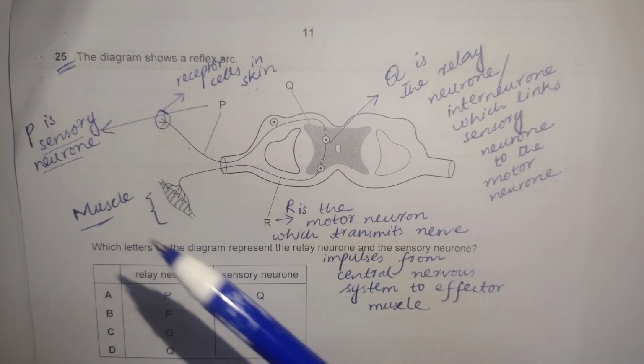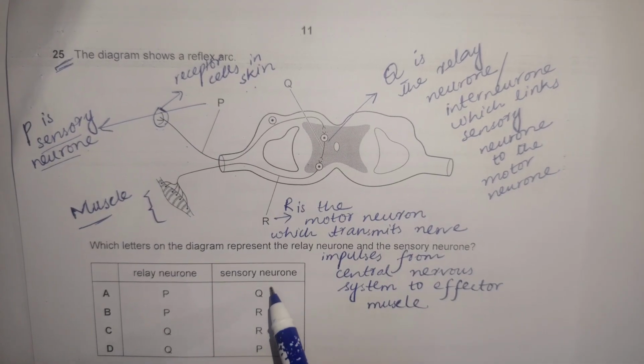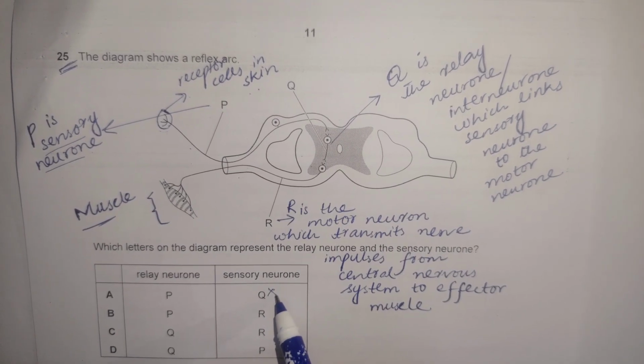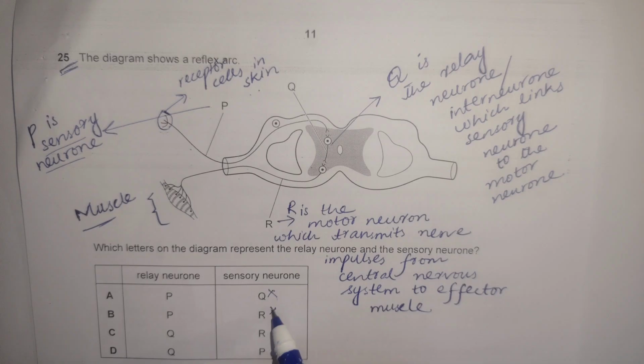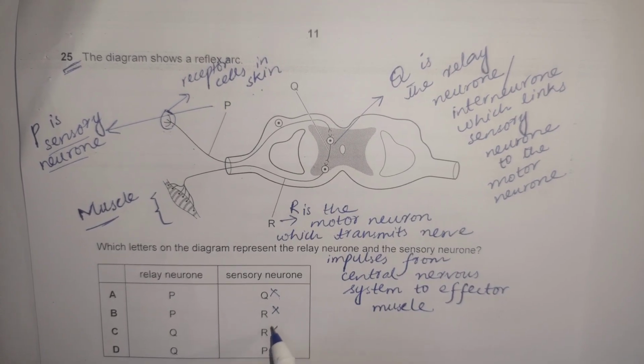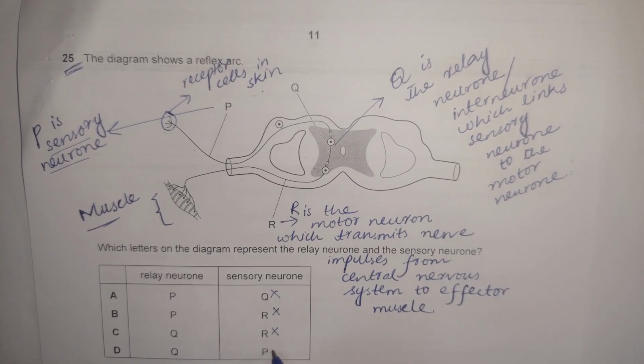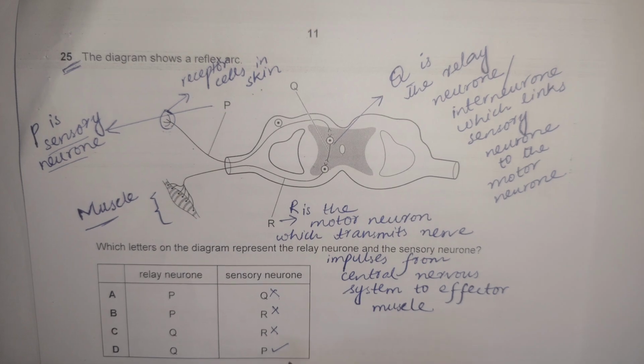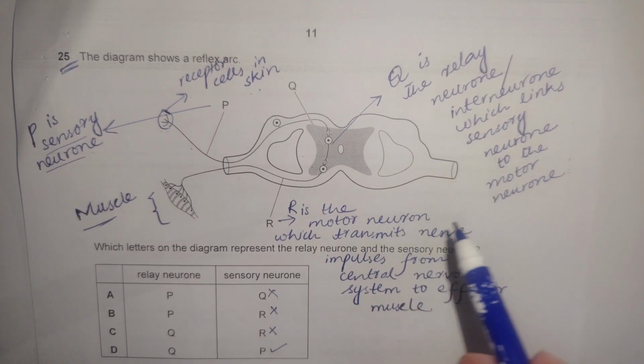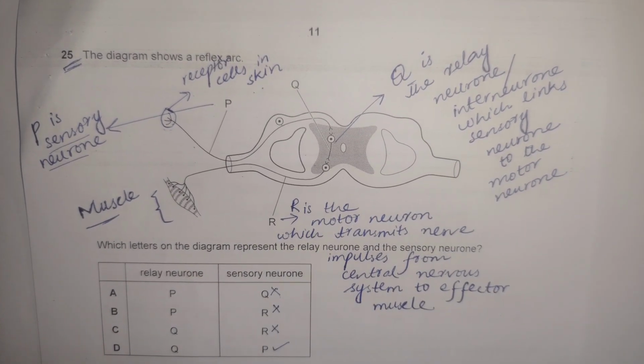So sensory neuron is P. We have got Q wrong, and R again wrong. So this is our correct answer. But still, I can help you in understanding the other neurons also.